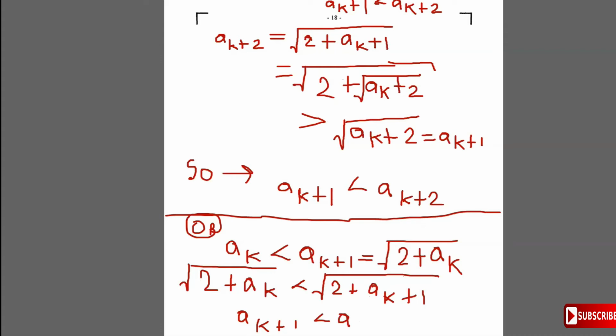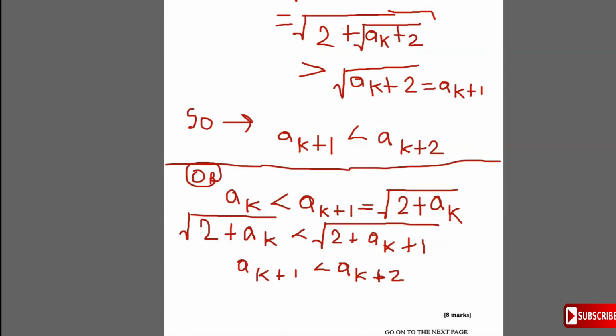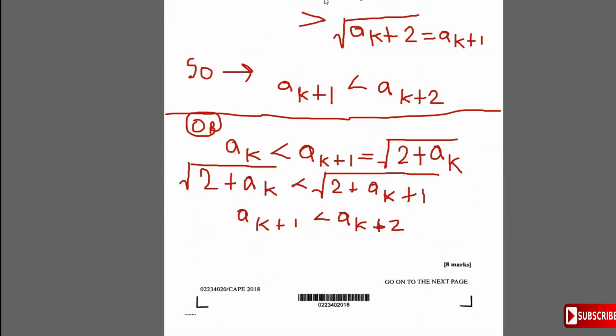So depending on how you would have done it in Unit 1, a lot of teachers like to use the fact that you need to use a_k to show the a_{k+1} statement. Depending on how you learned it, you could have used either proof, and that is true. And so therefore n equals k plus 1 is true.